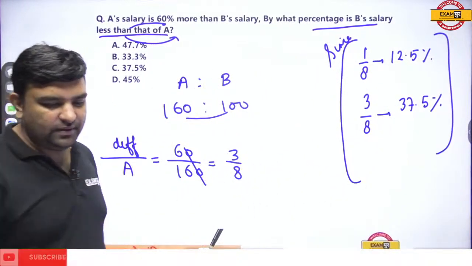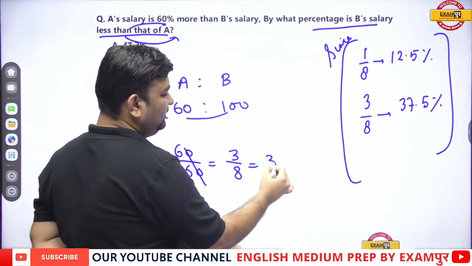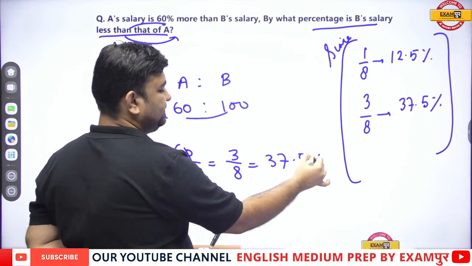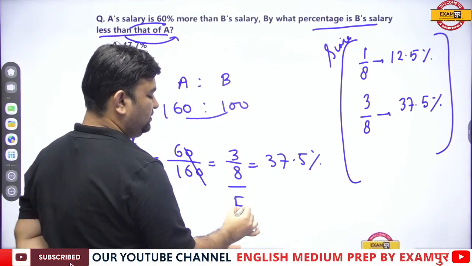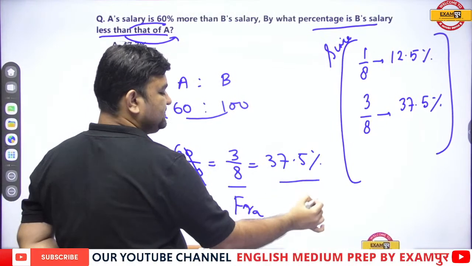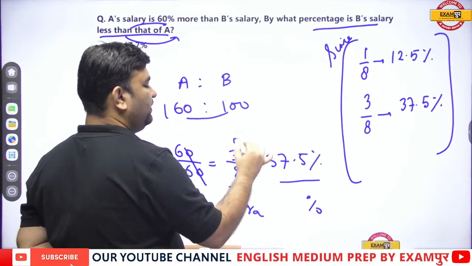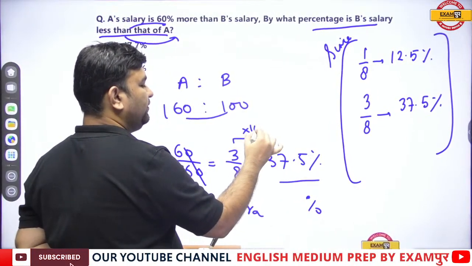So you can save some time and write the answer directly, 37.5%. This is a fraction and this is a percentage. You can convert this into this by multiplying by 100.